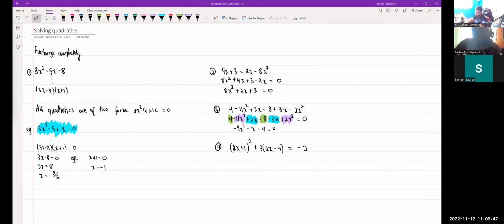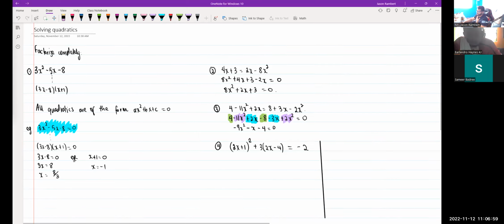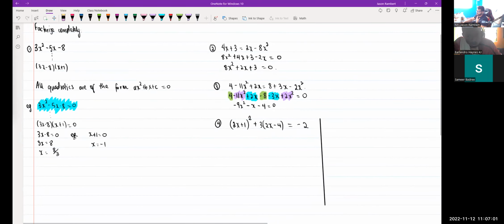Now you will encounter questions like this for simultaneous equations where one is linear and one is non-linear. So how do we approach questions like this?